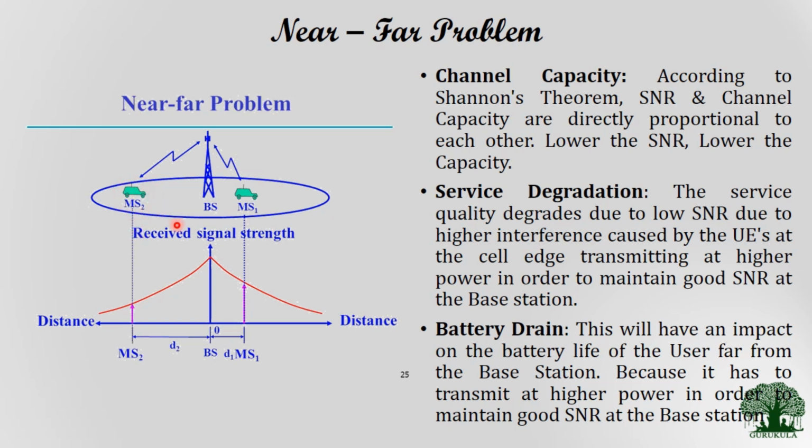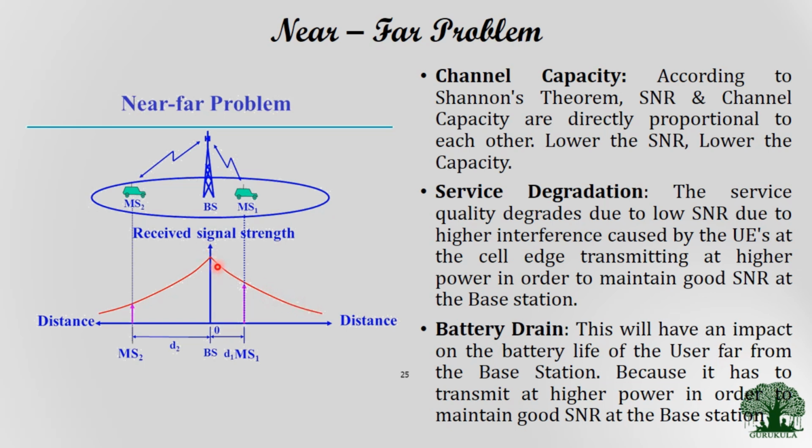When I look into the received signal strength graph, where I take distance on the x-axis and the received signal strength on the y-axis, this is the signal strength depicted for MS1, that is mobile station 1. We know from the basics of wireless propagation models that when the distance between the base station and the mobile station is increased, there will be a degradation in the received signal strength.